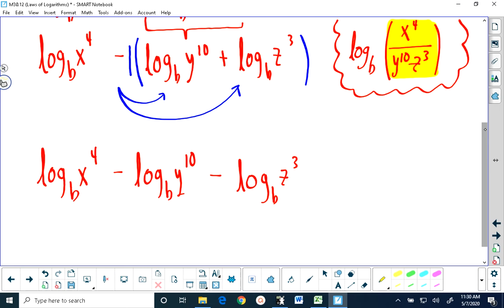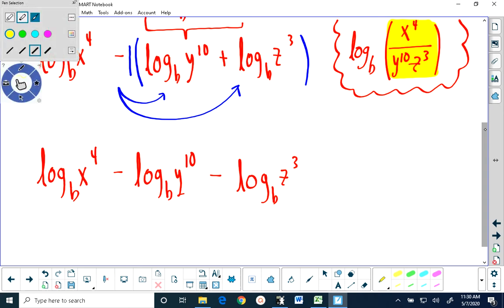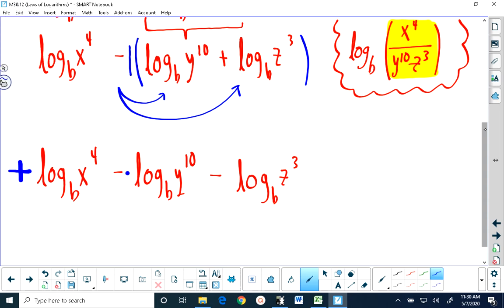The rule is this: if you have a piece of the argument that's on the top, then that individual logarithm, when you split everything out, becomes positive. When you have a piece of the logarithm that is on the bottom, when you split it out into separate logarithms, that logarithm becomes negative.